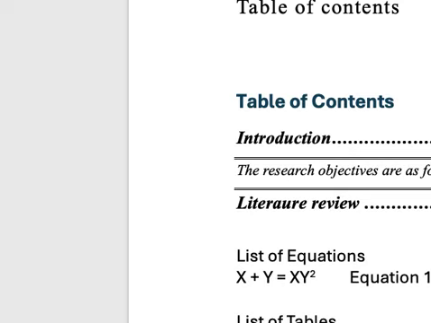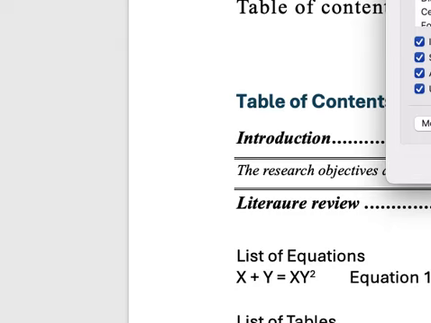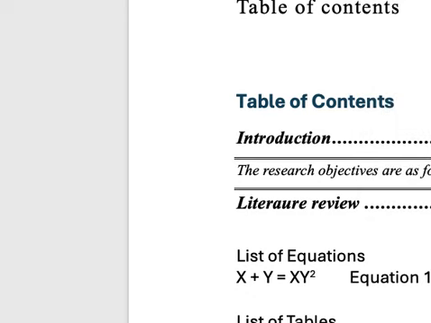Right, so for a list of tables there, you are going to go to reference tab. You select insert table of figures. You now want to put tables, so the caption that you select there is tables. Then you click OK. My tables are going to appear on that page.